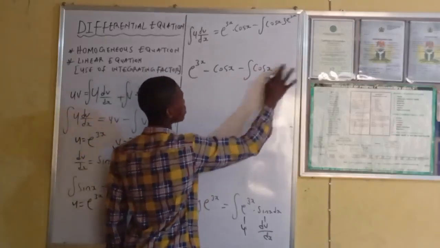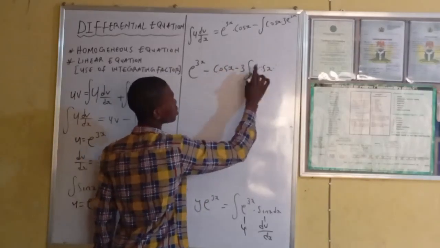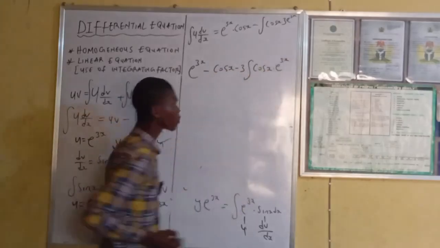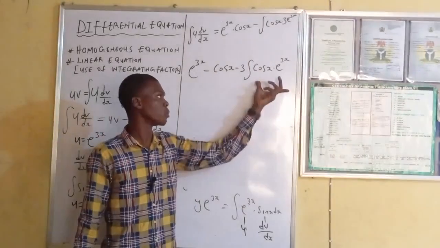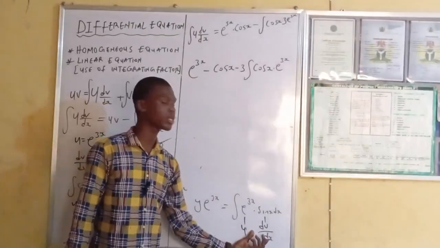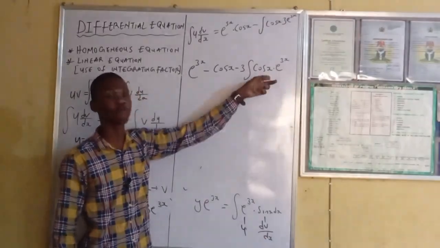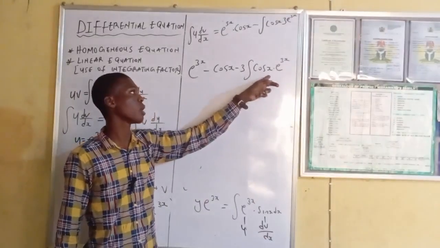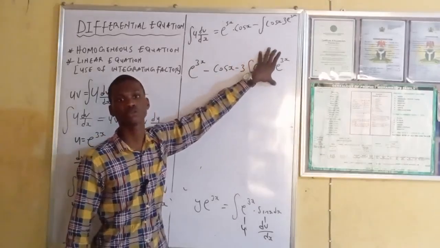You have plus 3 integral of cos x dot exponential 3x. From here, I'm still having an integral in the right hand side. What it means is that I'll still have to perform integration by parts to eliminate this integral function.